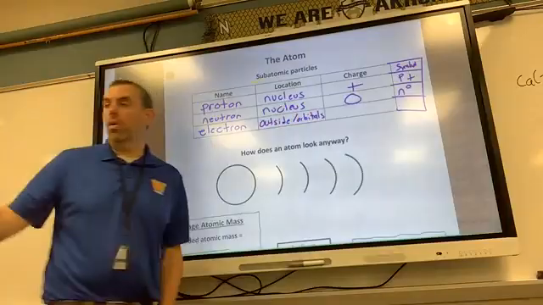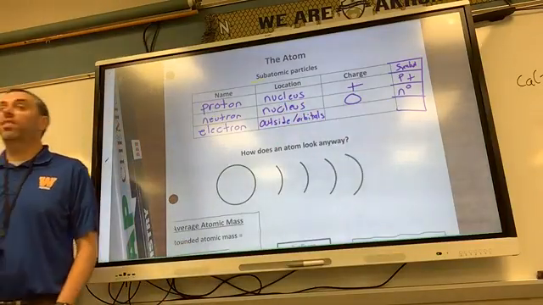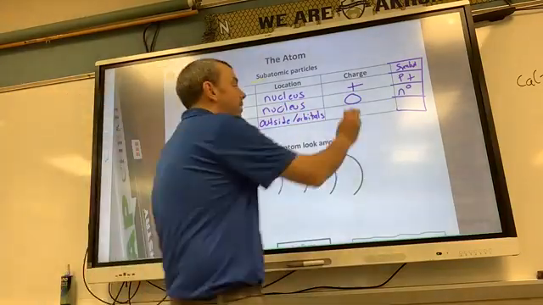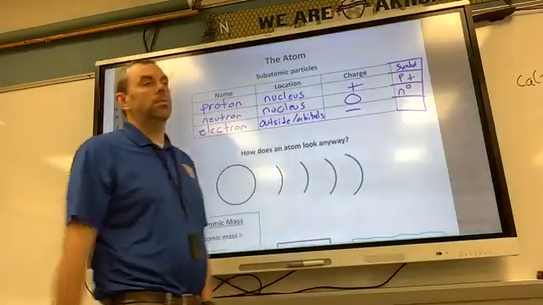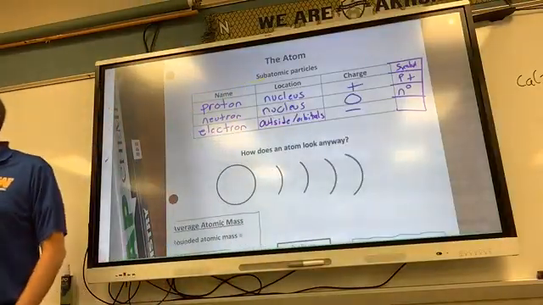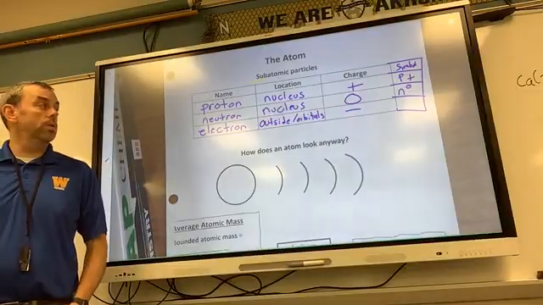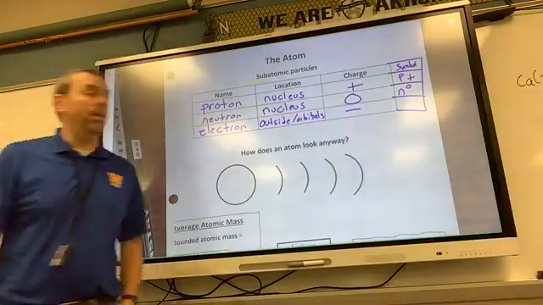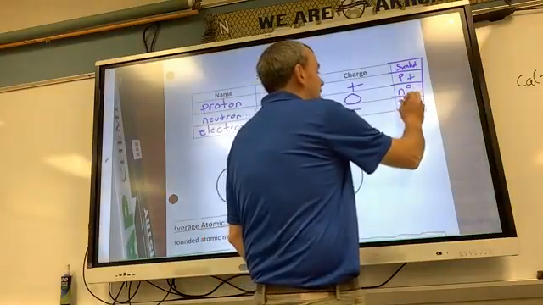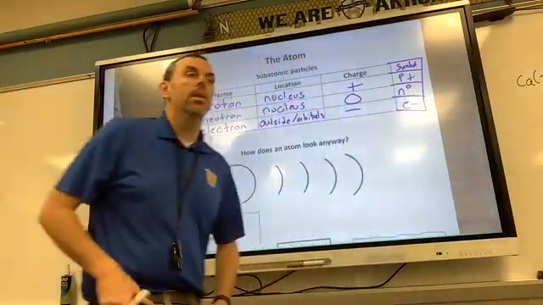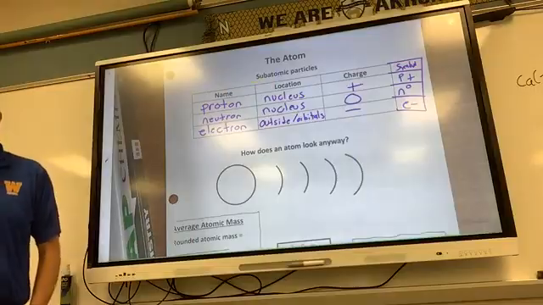It is negative. And that is our negative charge. So we're going to find our electrons outside of the nucleus, kind of in the rings or the orbitals. Guess what my symbol is for electron? E minus.